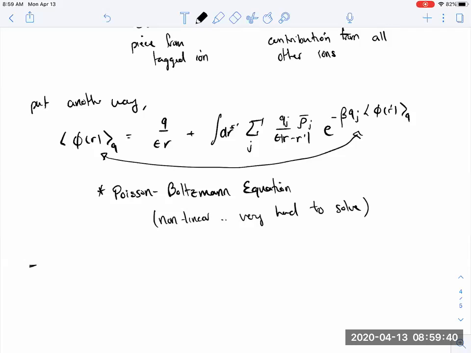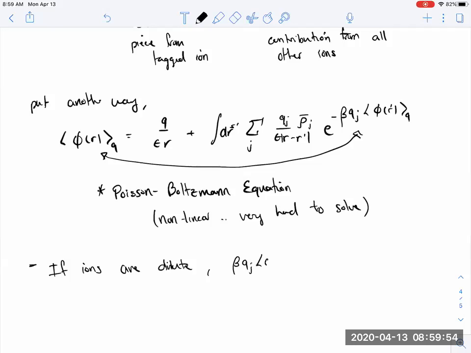But if ions are dilute, such that the average potential at any point is small.